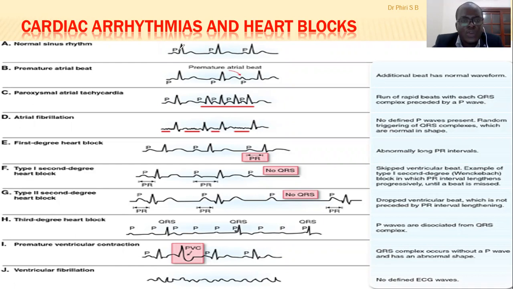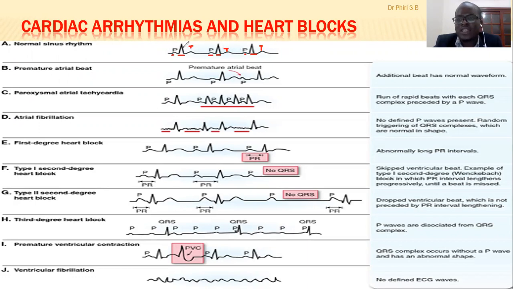You have a P wave that is followed by a QRS complex, P wave, QRS complex, P wave, QRS complex. Then after the QRS complex, you have the T wave here. So this is just a normal rhythm. When you're looking at this ECG, it's normal, so it's called normal sinus rhythm. Whenever you see P wave, QRS complex, P wave, QRS complex, then it's basically a normal sinus rhythm.